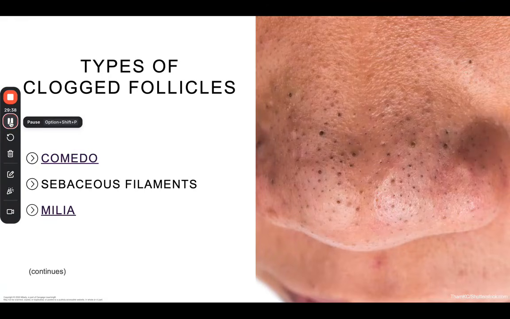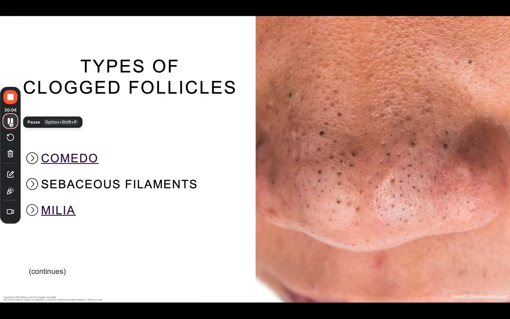So here we can see this person has comedones. We simply call comedones blackheads. It's a non-inflamed buildup of cells, sebum, and debris inside the follicles. An open comedone, again, is called a blackhead, and it's open at the surface and exposed to air, which is what causes that blackening on the surface.